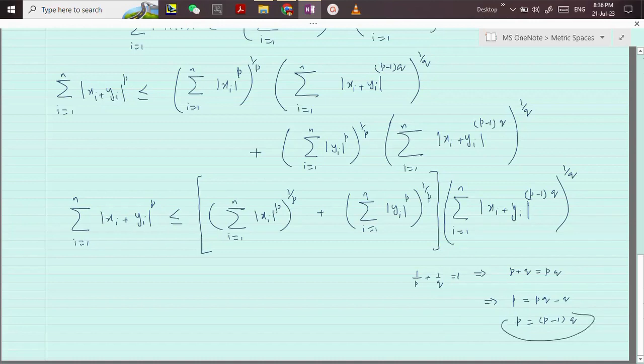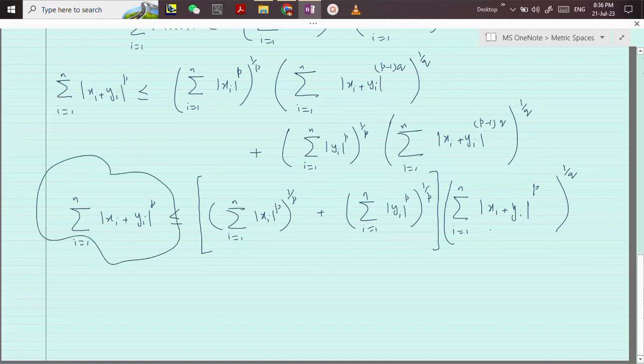You can see here, this is equal to p. So I would write here p, and this term and this term are the same. So we divide by this number on both sides.